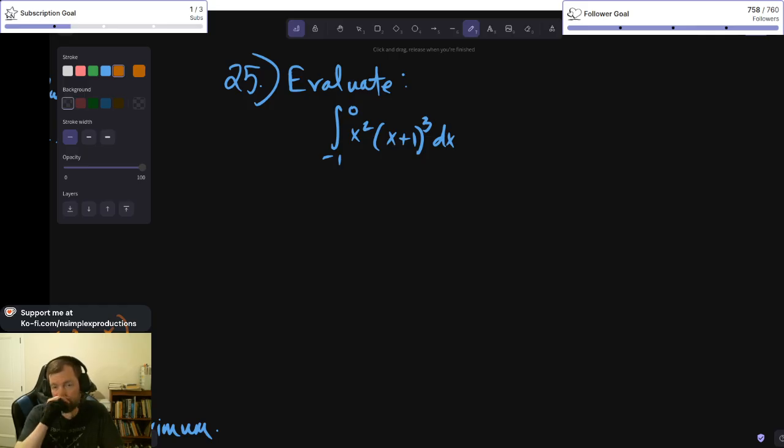A few different ways you could do this. We could multiply everything out. That's a disgusting way to do it. Don't do that, if you can help it.